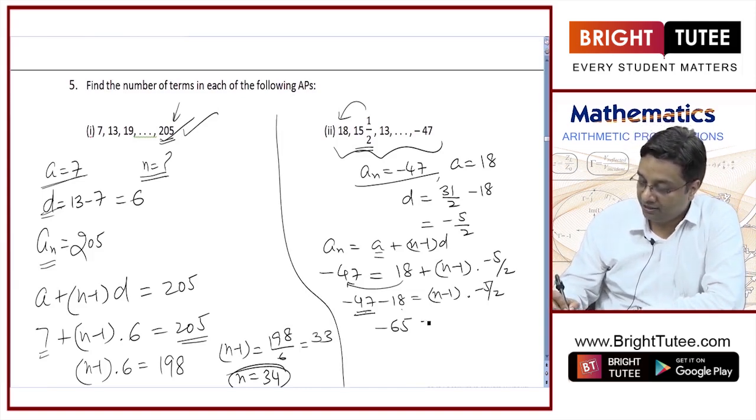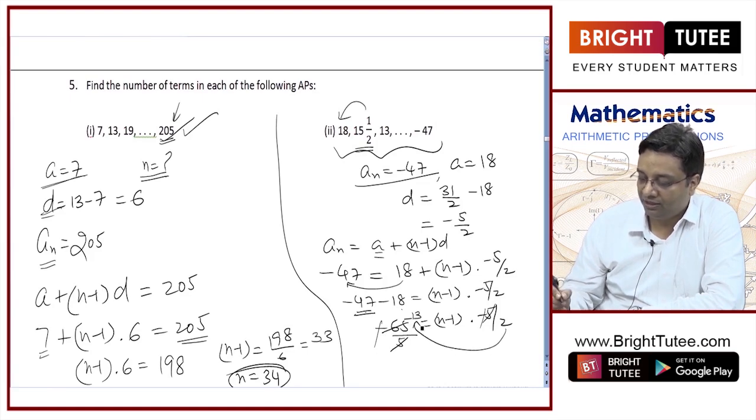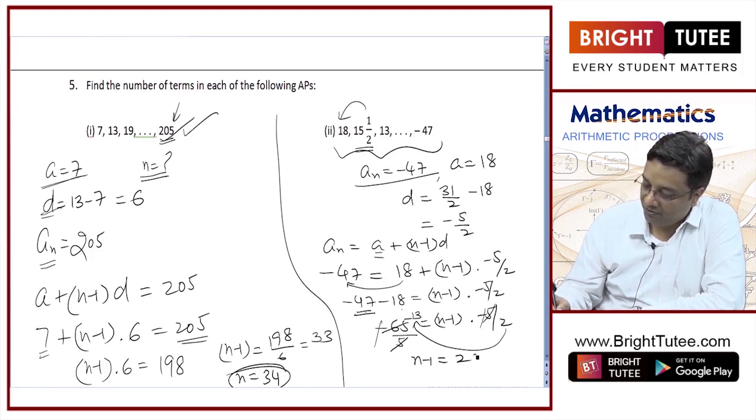Okay. So minus 65 is equal to n minus 1 into minus 5 by 2. You can simply cancel these minus signs, right? 5 you can bring 5 here, so it will become 13. So you can multiply this 2 with this 13, so n minus 1 will become 26.